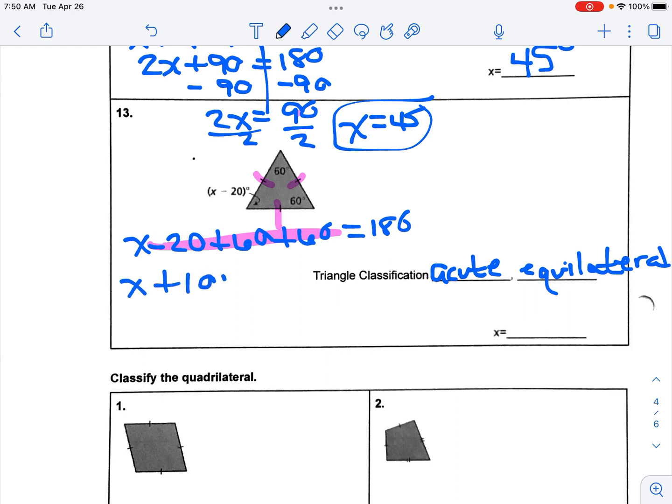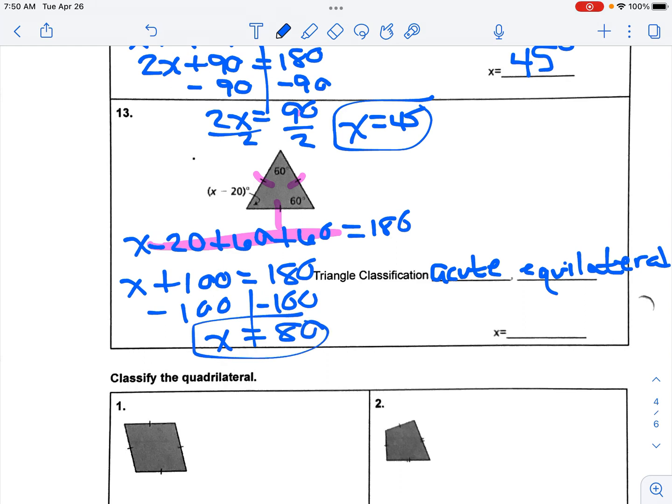So x plus 100 equals 180. Subtract 100 from both sides. And x equals 80. So that third angle is going to measure 80 degrees.